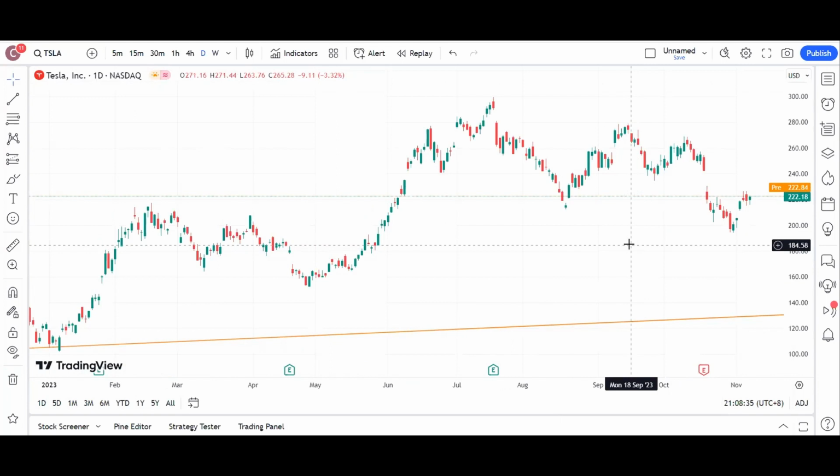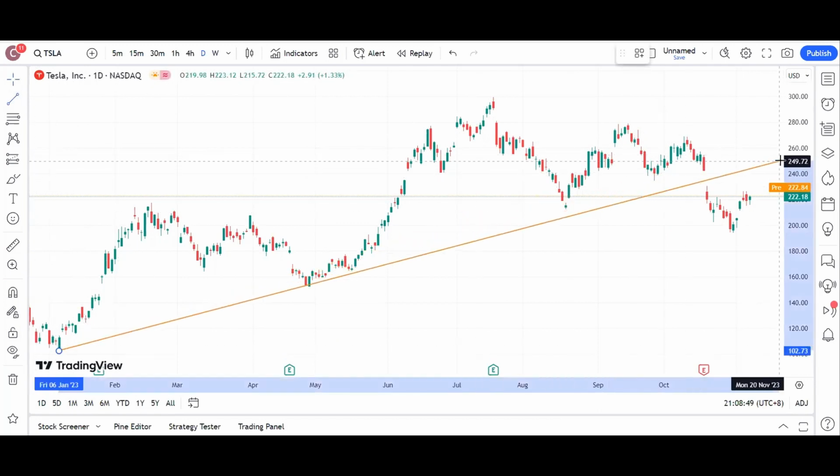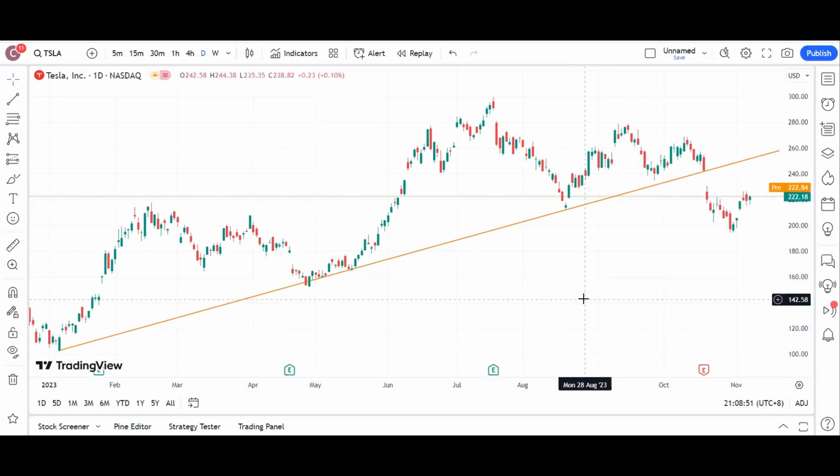From this chart itself, I removed this very old line. What can we tell? From January until now, the major trend probably ran like that initially. That's why price started to break. At this point you don't know whether it will break, you will think that it will hold.